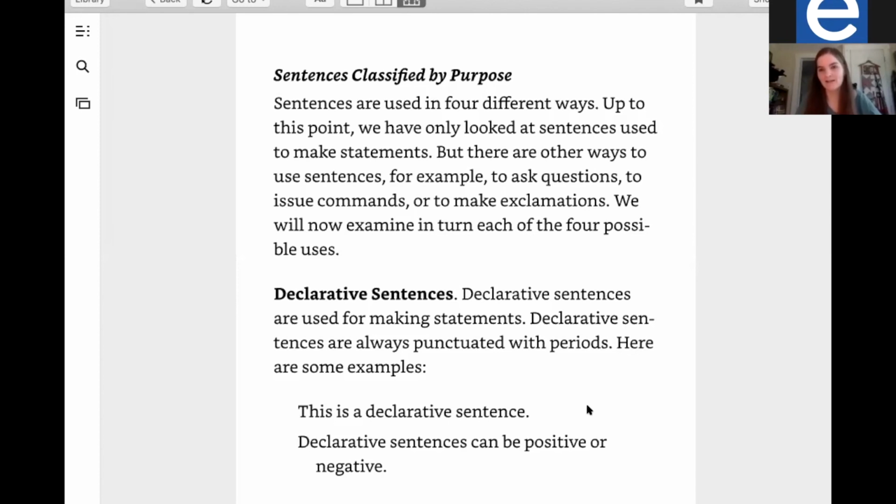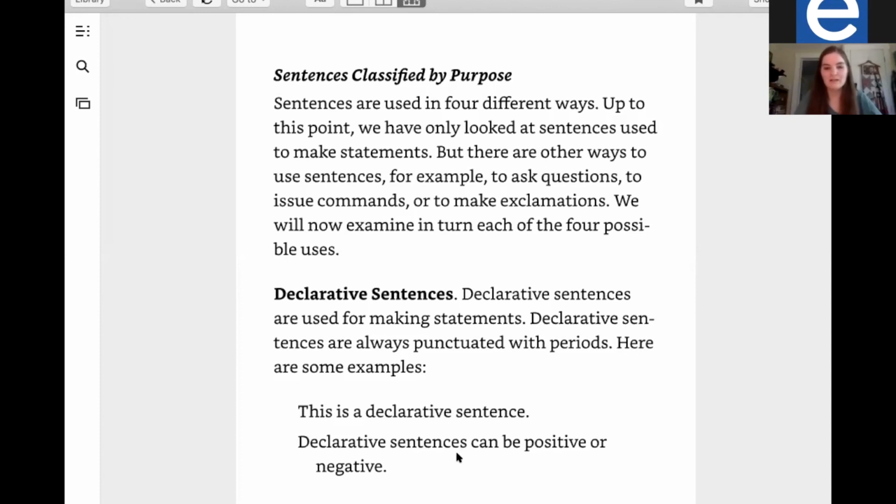They're punctuated with periods. So typically you're not going to see a lot of exclamation points or question marks in an essay. You're going to see more periods.